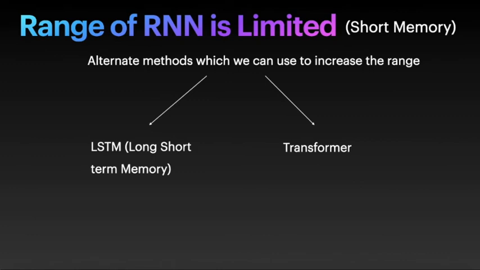And the range of transformer is almost infinite. You can do almost anything with the help of transformer, but to be able to process transformer, you need computational power. So it's better to use LSTM where we can use LSTM. But if you have to solve any problem, you can use transformer and you can solve any problem.